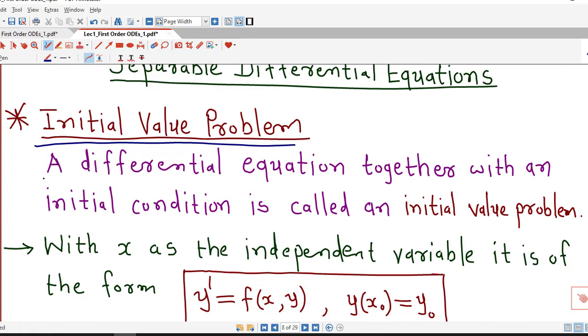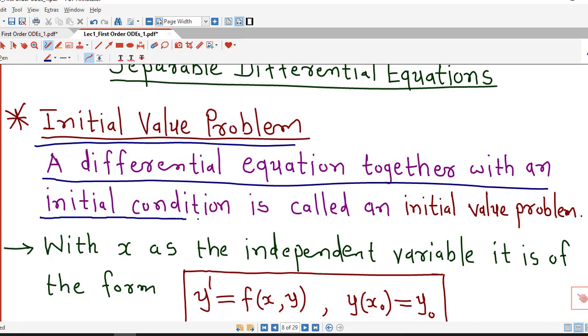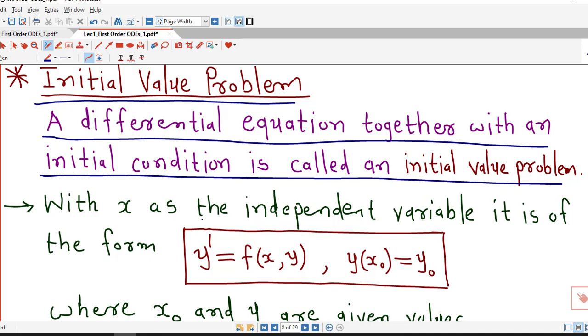So here we have written the definition: a differential equation together with an initial condition is called an initial value problem. And if we consider x as independent variable and y as dependent variable, that is if our solution is function of x, then this is the form of initial value problem for first order ordinary differential equation. y dash equal to f of x, y, first order ordinary differential equation together with initial condition when x is x0, value of y is y0.